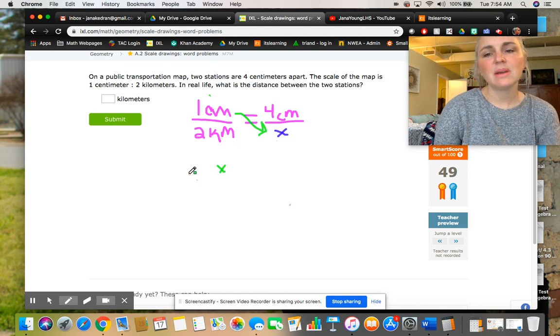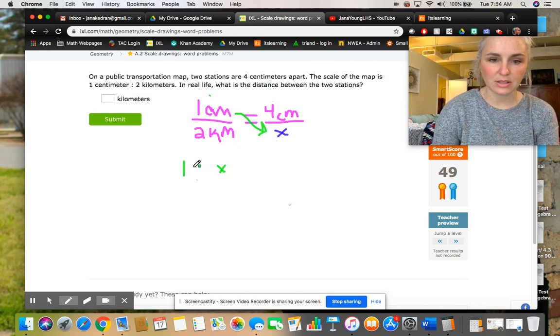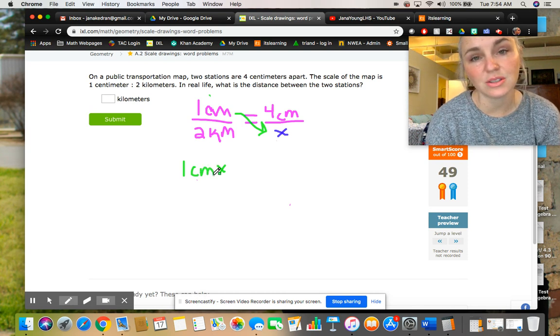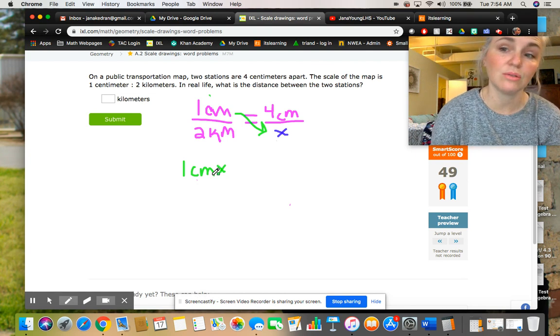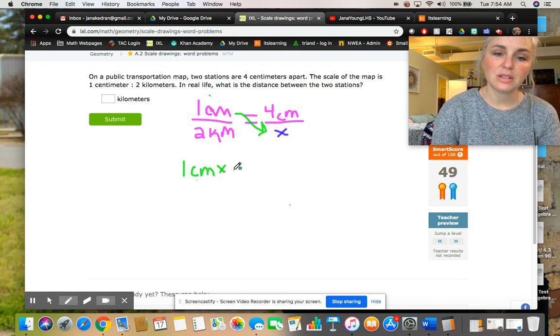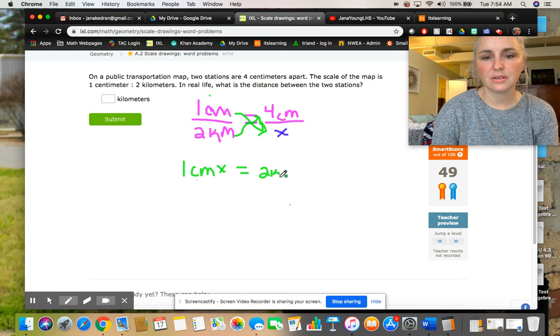This might be worth a quick show so you can see what happens with the units. You don't want to write this every time, guys. 1 centimeter times x is equal to 2 kilometers times 4 centimeters.